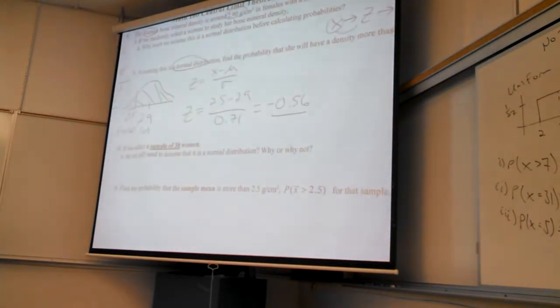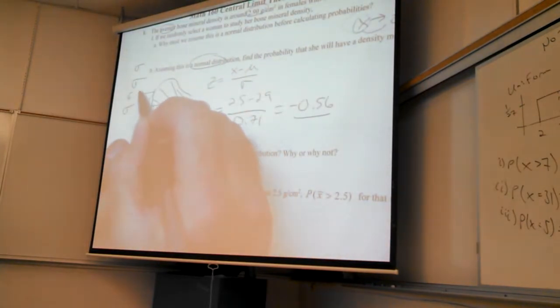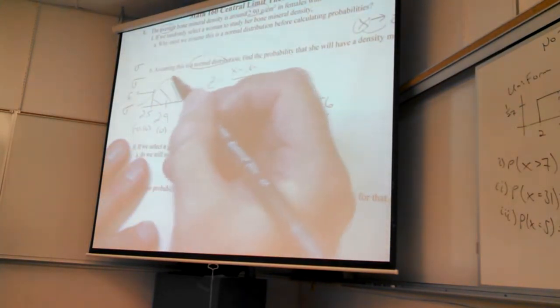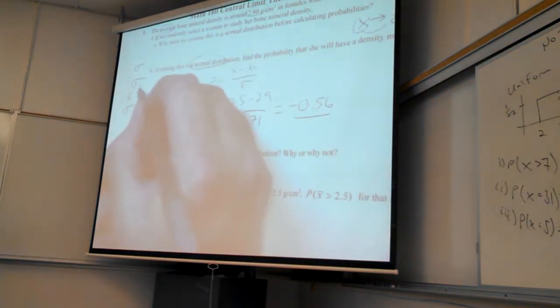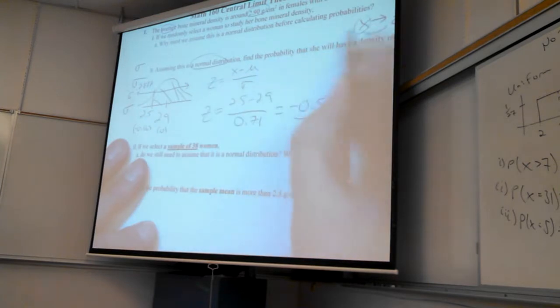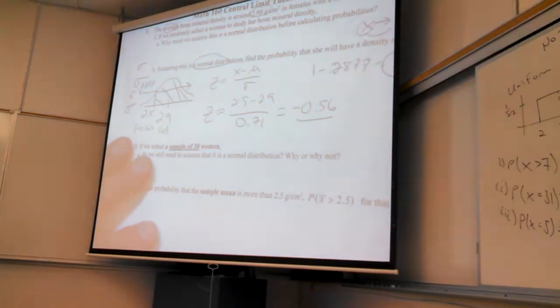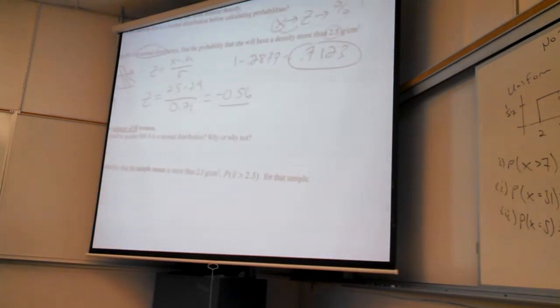0.2877. Where is that on the picture? Good. Every time you look up a z-score, it shows the area to its left, below it. So that's 0.2877. So how do I get the actual answer? 1 minus that. Yeah, 1 minus 0.2877 is 0.7123. Yes, ma'am. How can we write it, because I just did positive 0.56?